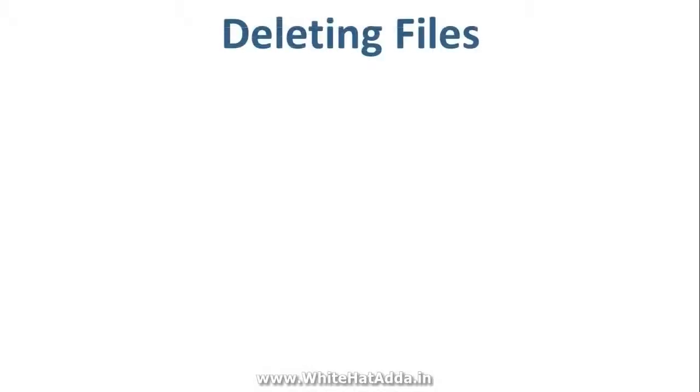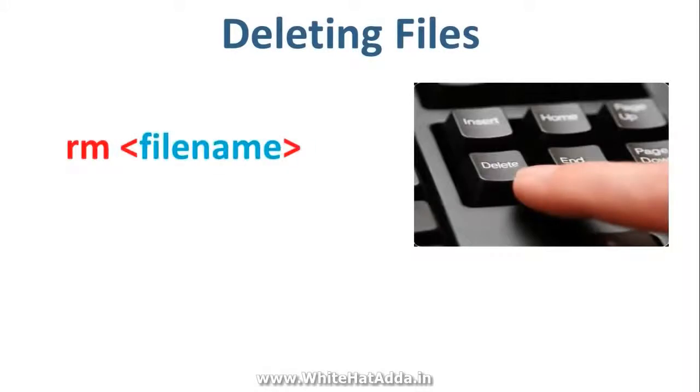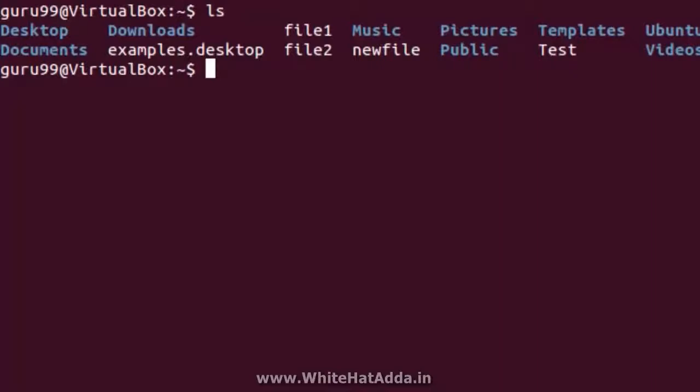Moving on to deleting files, we will use the rm space file name command for deleting the files that we do not need. Let us look at it on terminal. Here we have a file with the name test which we would like to remove. The rm command removes files from the system without confirmation.